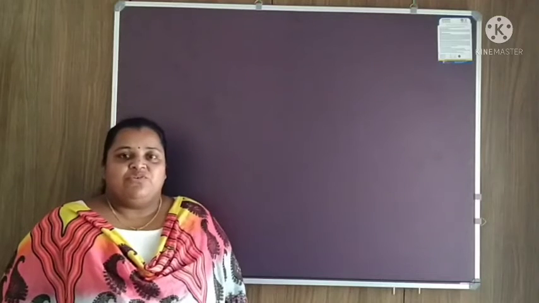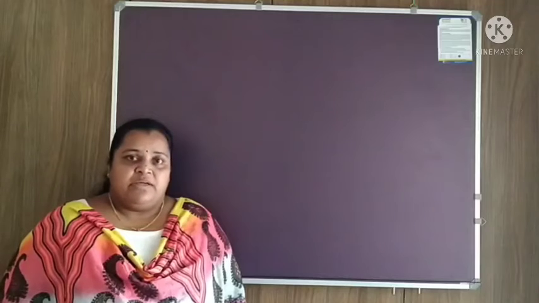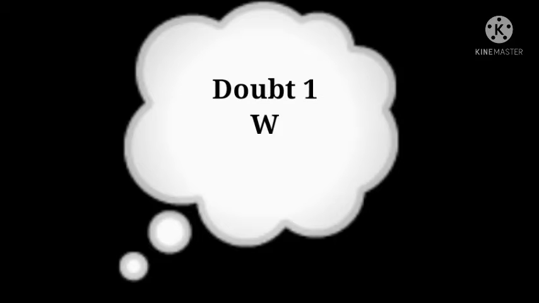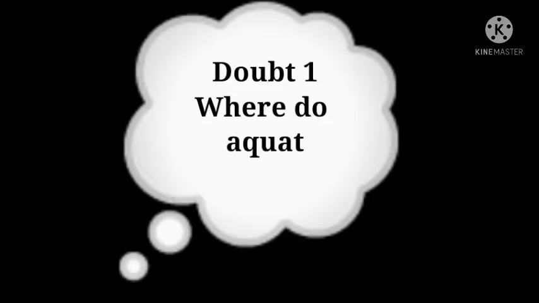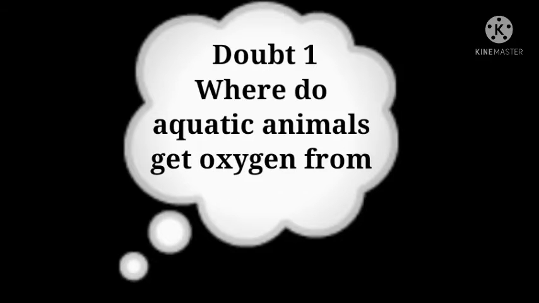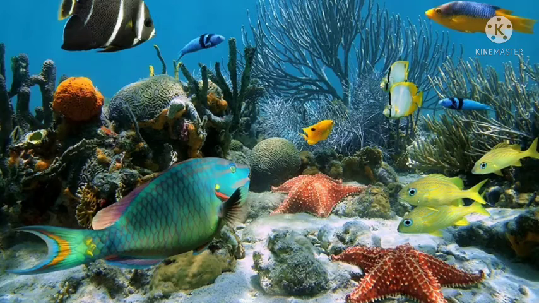Before I move into today's session, let us see some doubts raised by 6th standard children. Oxygen is available in the atmosphere for terrestrial plants and animals. But what about aquatic animals? Where do they get oxygen from? Aquatic animals use oxygen dissolved in water.